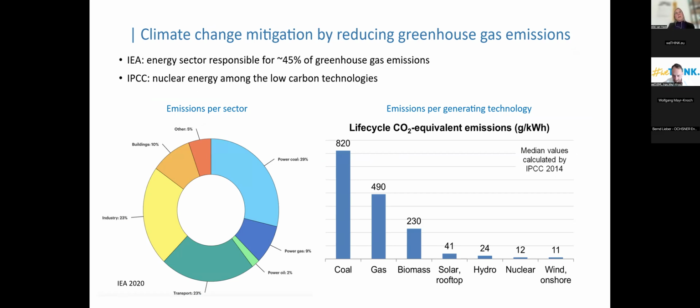Moving to climate change mitigation. The figure at the left is from the International Energy Agency. It shows that the energy sector is responsible for about 45% of greenhouse gas emissions. That's basically all the blue sectors and the light green one. And according to the IPCC, in the right picture, nuclear energy is among the low carbon technologies.